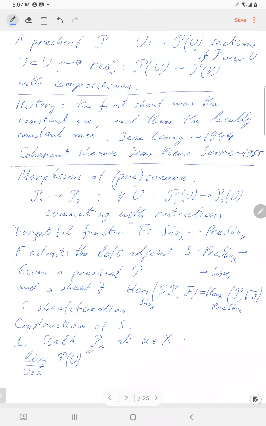It is nowadays called colimit. Any section, say sigma, in P of U, in case U contains x, defines an element in this stalk.